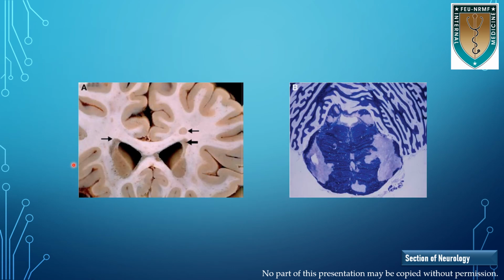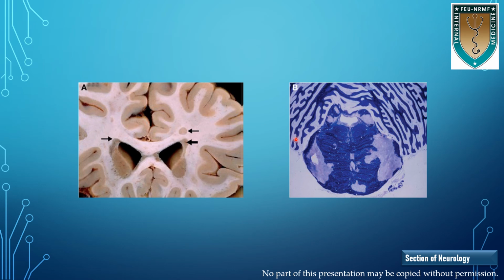Here on the left of your screen is a fresh specimen of the brain, and you will see that there are structures wherein there are arrows pointing into them. These are actually areas of demyelination in the white matter, and under the microscope these areas will show you axons that are devoid of myelin sheaths and loss of oligodendrocytes.